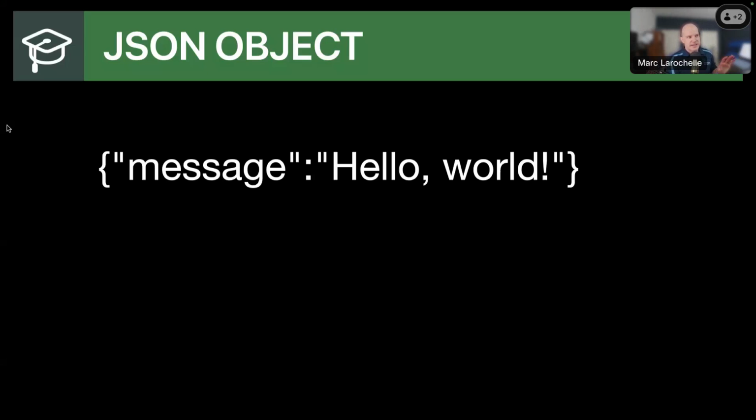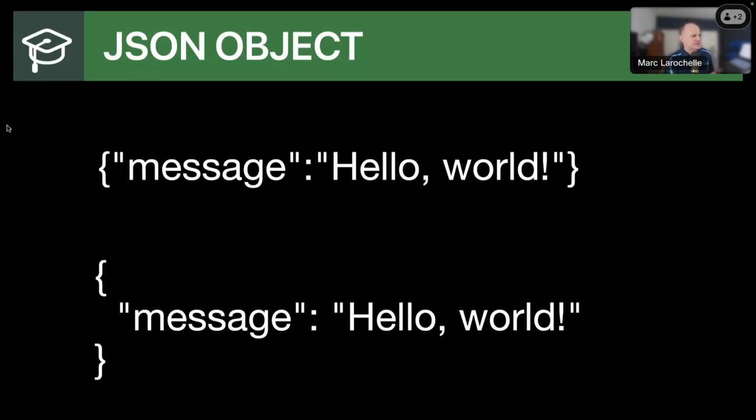And this is as tight as you can make it. In other words, you don't see any spaces there whatsoever. You don't see any carriage returns. And the only space you see is between the comma and the word world because it's hello world. But oftentimes we format JSON so that it's more human readable. So it's very common to see an introduction to a carriage return where needed and a space after the colon as an example.